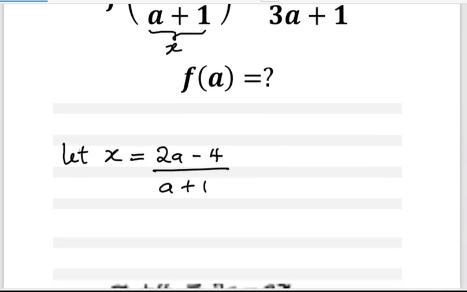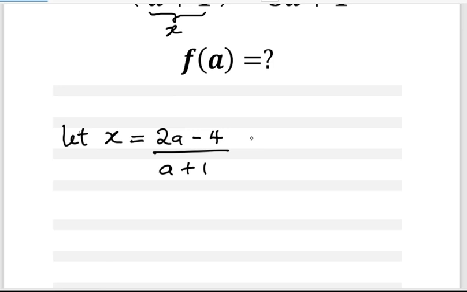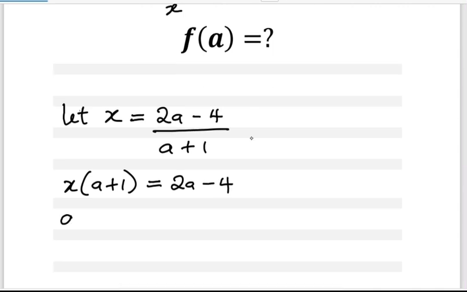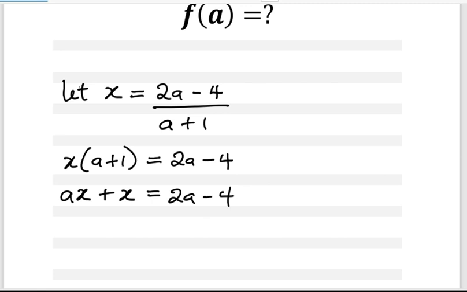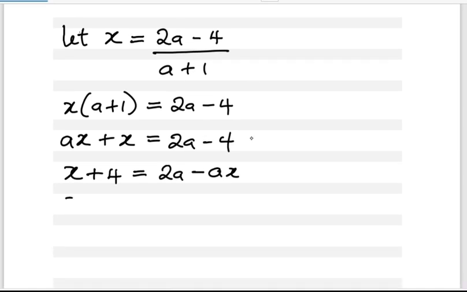To do that, we immediately cross multiply. We're going to have x into a plus 1, and this is simply 2a minus 4. When we open this up, we have that ax plus x is equal to 2a minus 4. Since we're solving for a, we have x plus 4 is equal to 2a minus ax, and this is x plus 4 is equal to a into 2 minus x.